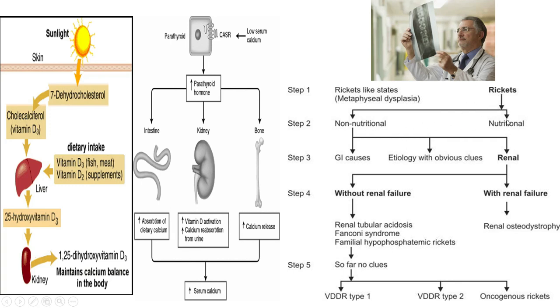We have to know that the maximum cases are nutritional. If it is not nutritional, then it is non-nutritional. Then non-nutritional can be a GI cause, or any other cause like a renal cause. Now, if there is no problem in the GI, then we have to think of renal. If the patient has renal failure, chronic kidney disease, then we can think about renal osteodystrophy. This is one type of rickets, so you have to take care of that.